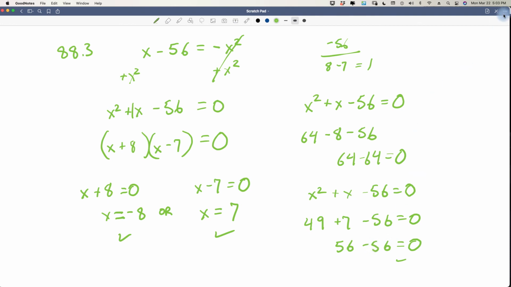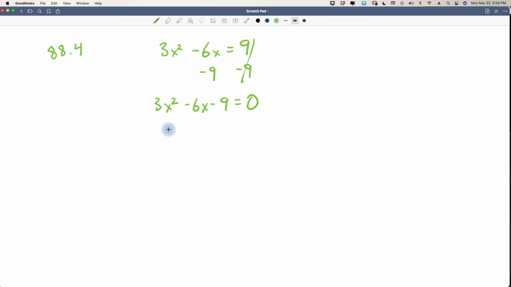All right. Let's clear the page and do 88.4. So we begin. We want to solve 3x squared minus 6x equals 9. Okay, we set it up in the right way. We get 3x squared minus 6x minus 9 equals 0, right?